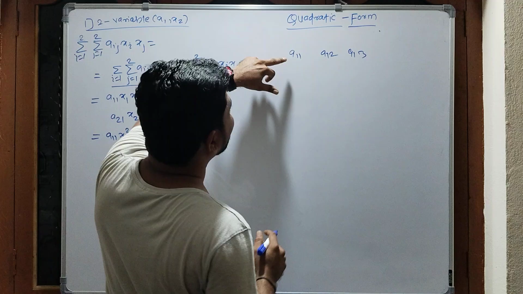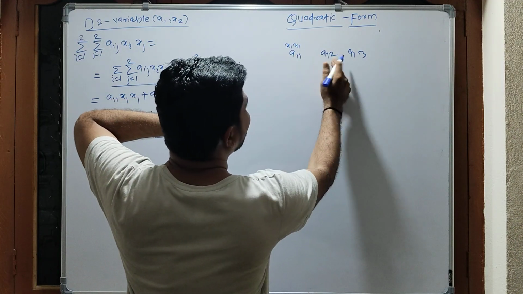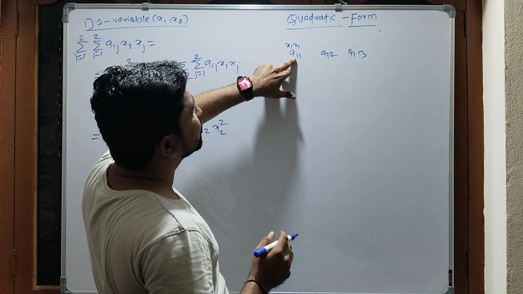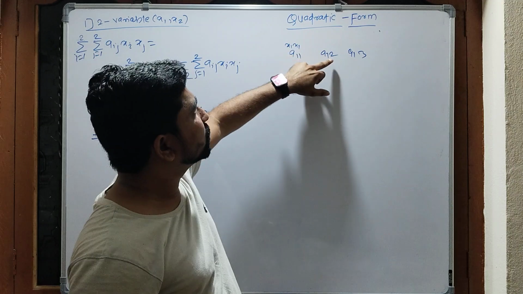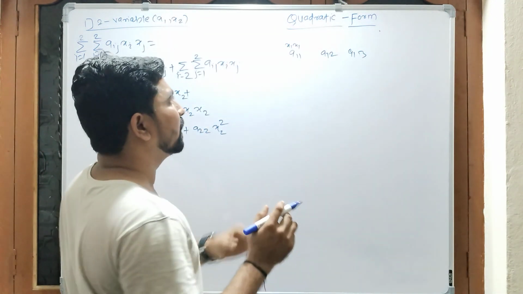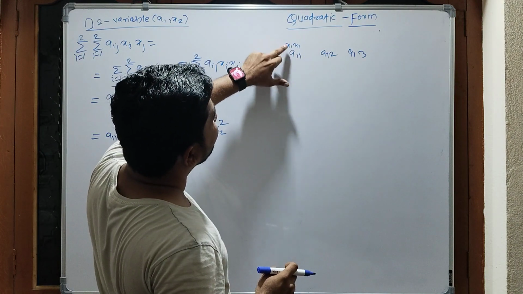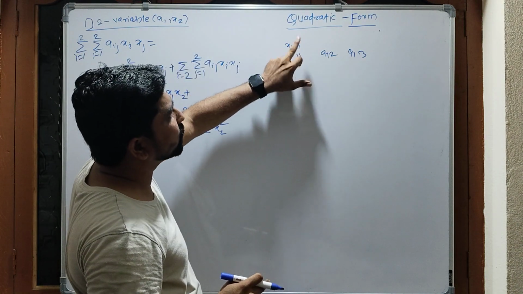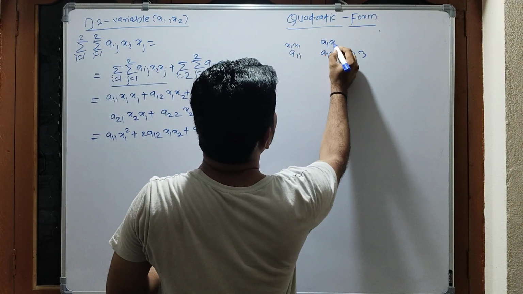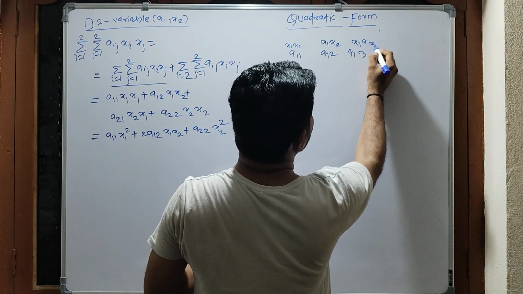Corresponding to A11, here I am writing x1 x1. Corresponding to A12, this 1 corresponds to the first unknown x1, this 2 corresponds to the second unknown x2, and this 3 corresponds to the third unknown x3. So A11 means position 1 corresponding to x1 and position 1 again x1. This is the 1 2 position, here I am writing x1 and x2. This is the 1 3 position, here I am writing x1 and x3.